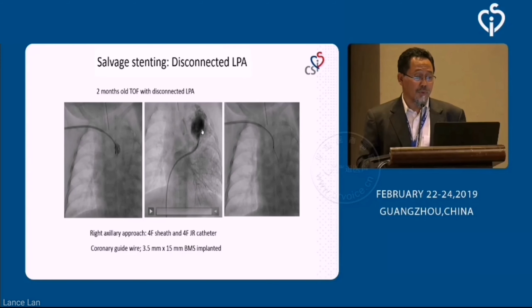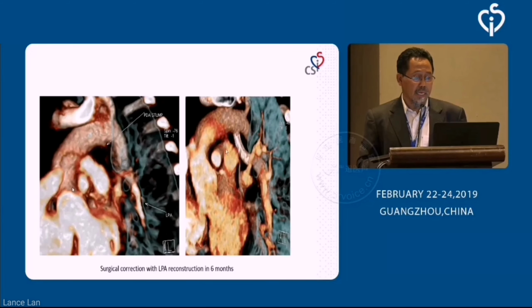We have to go through the axillary approach, opening up the almost completely blocked PDA, then put a stent. This is before, this is after the stent, to show that the left pulmonary artery is able to be recruited prior to total correction.